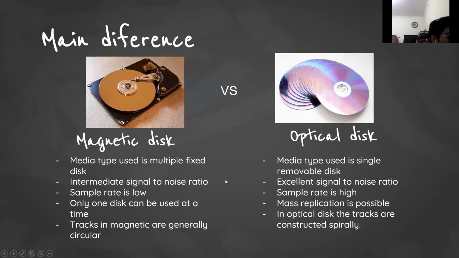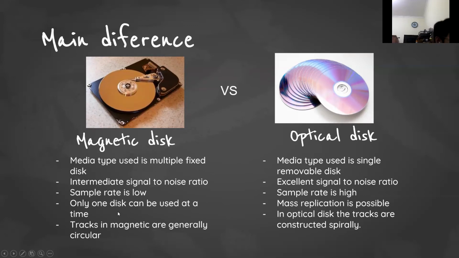And the second difference is that the magnetic disc has an intermediate signal to noise ratio, while the optical disc has an excellent signal to noise ratio. The third difference is that the magnetic disc has a low sample rate. Otherwise, the optical disc has a high sample rate.